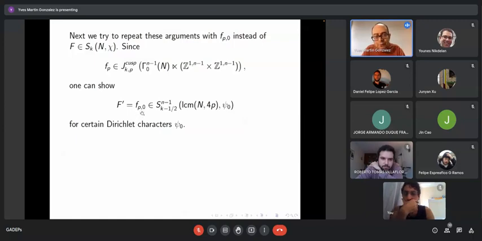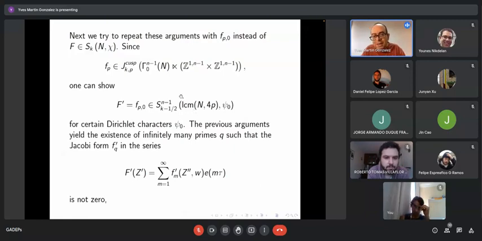But you see, I have the same type of situation as before, except that now the weight is half integral, which means that the theory is a little bit more complicated, but it's not a big problem. What is a big problem is that now the level, the gamma 0 n, is replaced by gamma 0 of this lowest common multiple of n and 4p. So now this is not odd anymore. And that will be a more important difficulty for what follows.